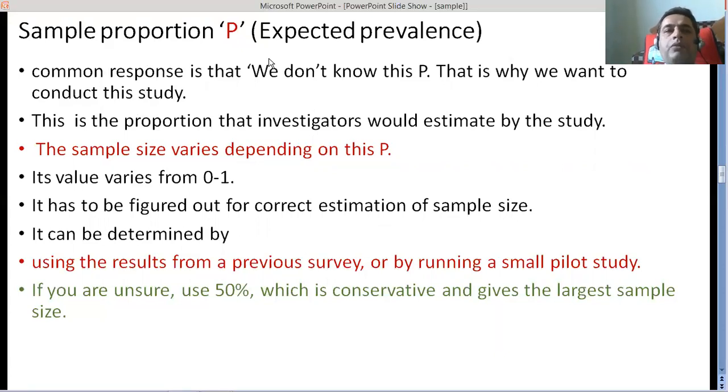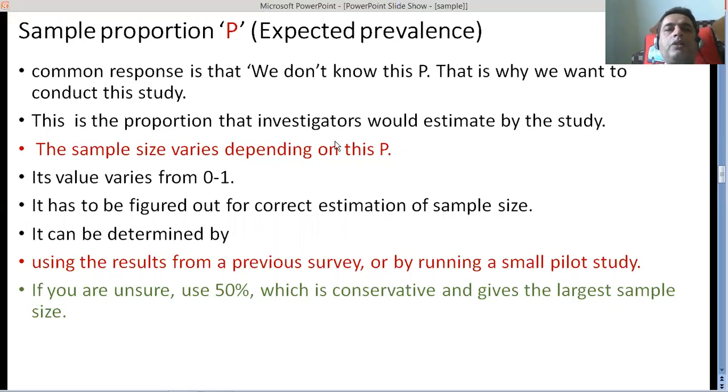You have to figure out what the exact P is, because it is responsible for variations in your data. The sample size varies depending on this P. If you look at P in the formula, you can figure out quite easily that it would have some impact on the sample size that you are calculating.